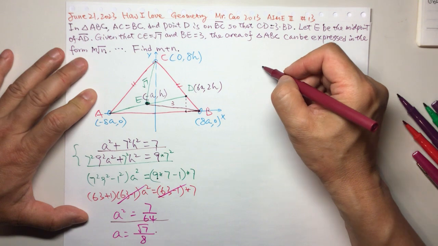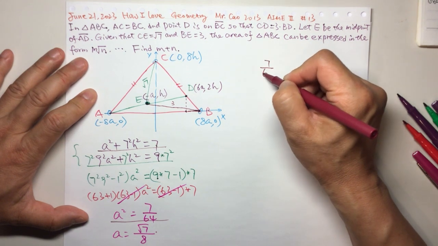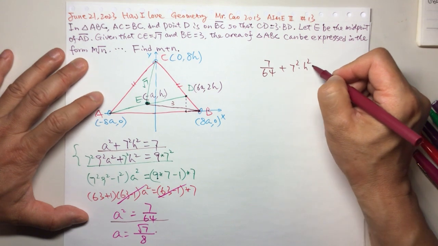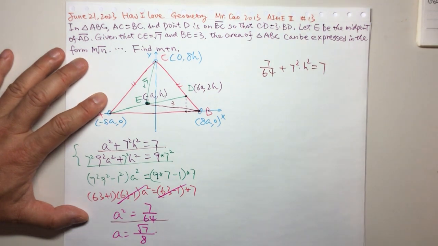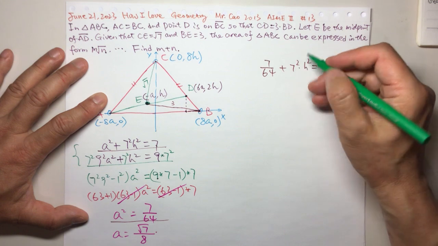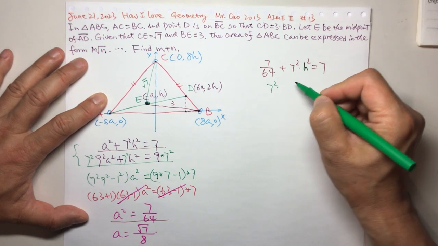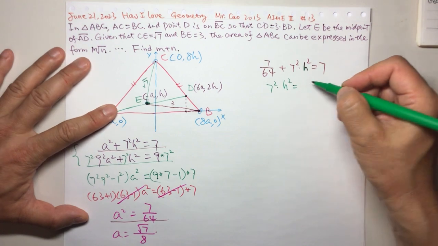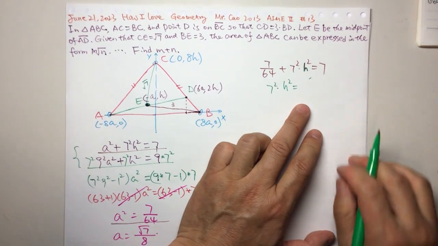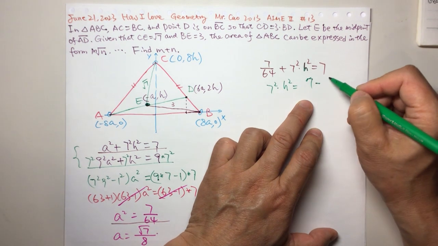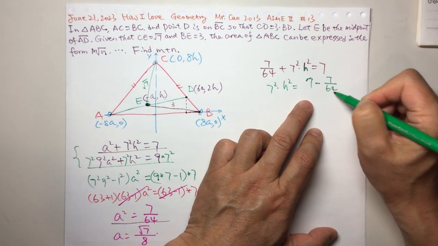We know a squared is 7 over 64. Then plus 7 squared times h squared equals 7. Then we want to get h squared, right? So 7 squared times h squared equals 7 minus 7 over 64.